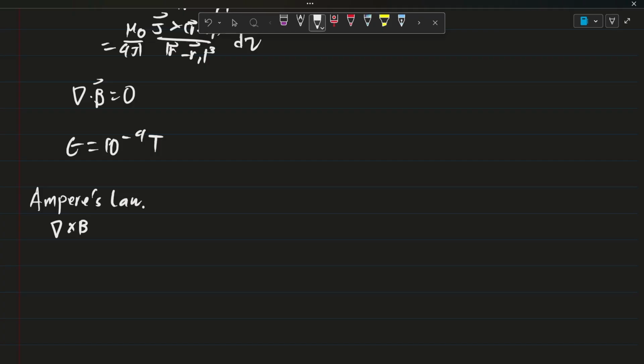If you put this into the Biot-Savart law, what you would end up having is mu 0 over 4 pi of the curl of this integral, j cross r dv divided by r cubed.